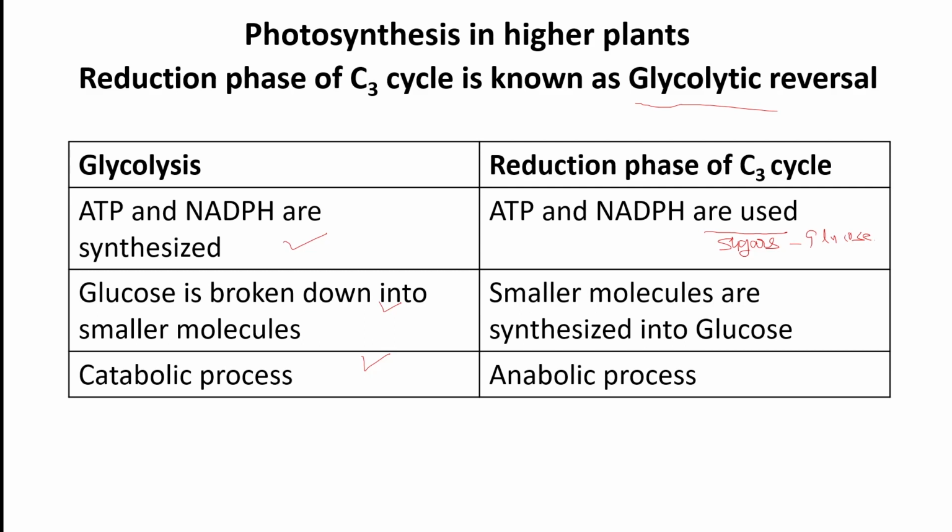Whereas in the reduction phase of the C3 cycle, smaller 3-carbon compounds are initially synthesized, and then they combine to form a 6-carbon molecule known as glucose, C6H12O6. That's why it is called an anabolic process. So clearly the reduction phase of the C3 cycle is the reverse of glycolysis.